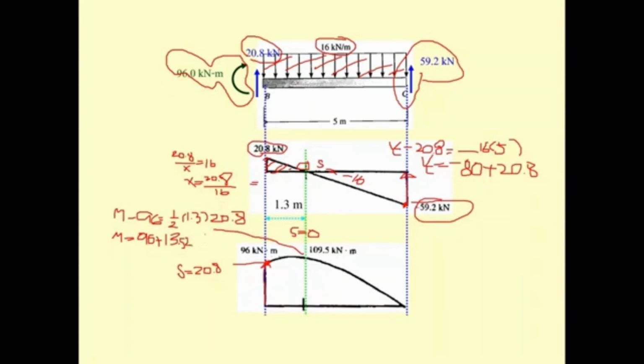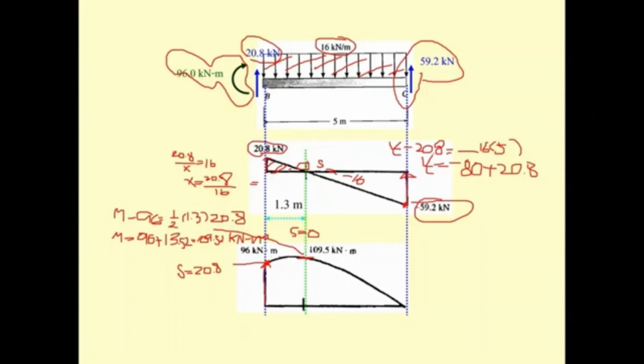Okay, and then you plus 96, it's going to be 109.52. So the result of this is going to be 109.52. Okay, over here show only 109.52 kilonewton meter. That is the moment here, and the slope here must also be 0, and you have the curve here.